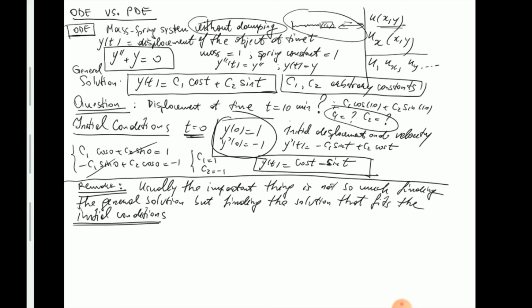In this case, it's just solving a simple system. But as you will see in the case of PDEs, things are a little bit flipped, in the sense that not only is it far more important to fit what we're going to call boundary conditions later, but that's where the big problem lies, mathematically speaking, as well.